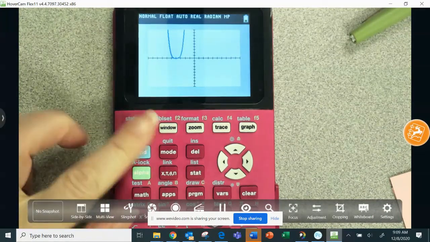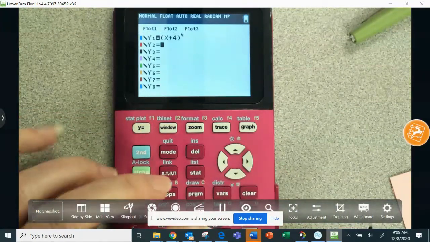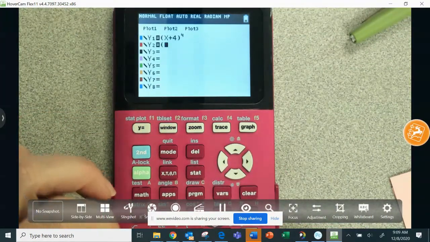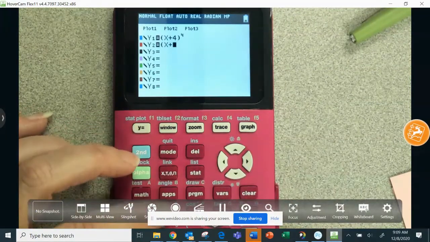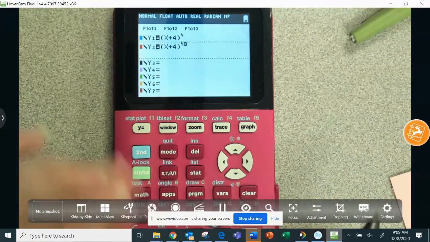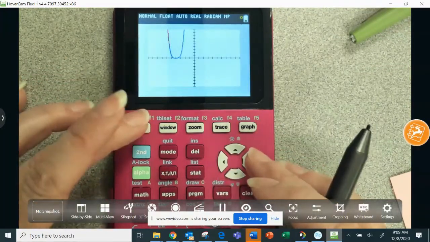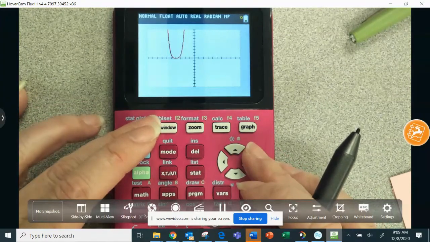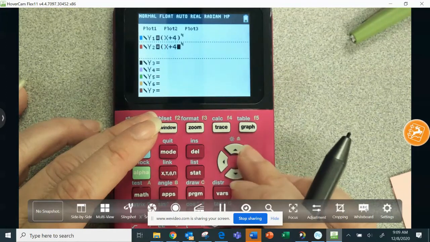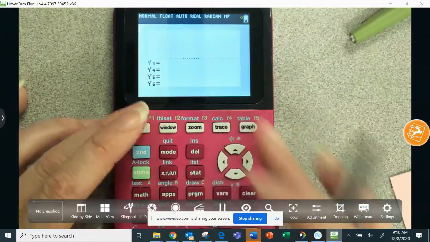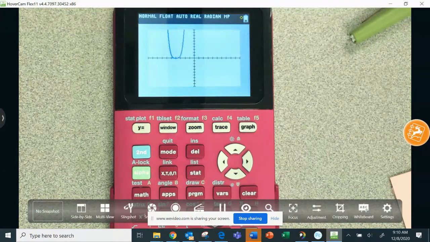If I graph the parabola and the 4th power at the exact same time, you can see they are different.